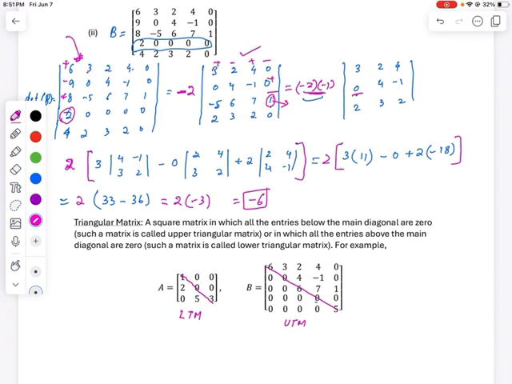So I'm putting a bracket here because the whole thing will be multiplied by 2. If I don't put a bracket, I will not get the correct answer because I might forget to distribute the 2. That's why the bracket is needed. Or you can put parentheses if you want.